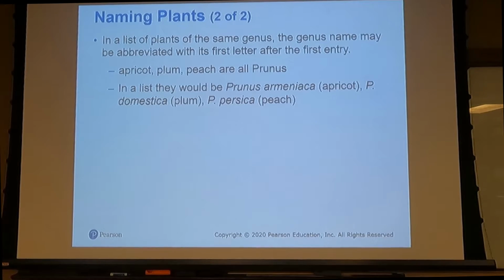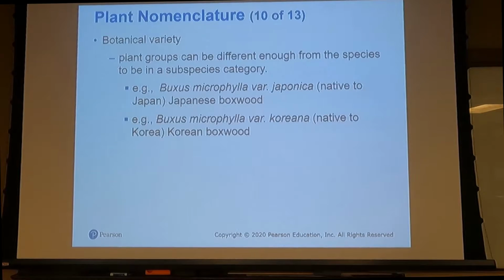When you are naming more than one plant in a series, all from the same genus, you can abbreviate the genus. You have to list it out the first time: Prunus armeniaca. But we can say P. domestica and P. persica. We don't have to say Prunus each time that we write that out.